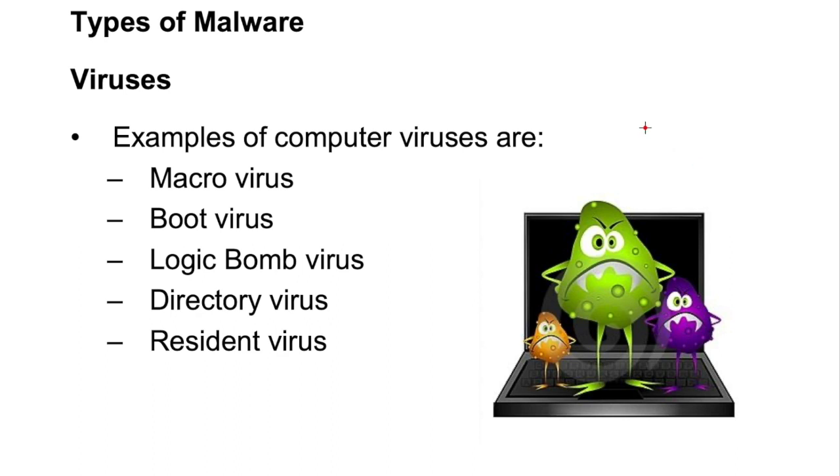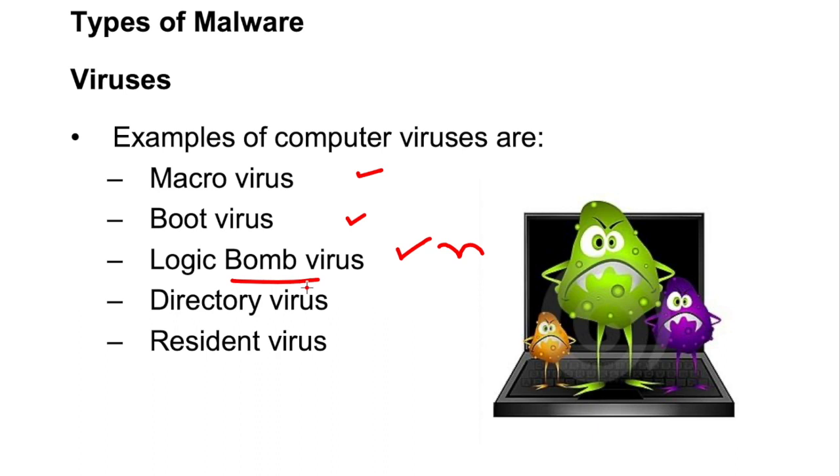Examples of computer viruses are the macro virus, the boot virus, which will affect the booting, the starting of your computer, and the logic bomb virus. These kinds of viruses are designed such that if you do a certain task and complete certain conditions, then the logic bomb will trigger.